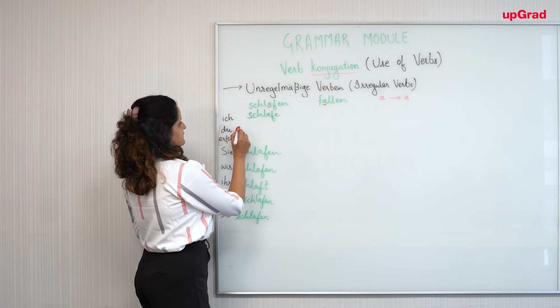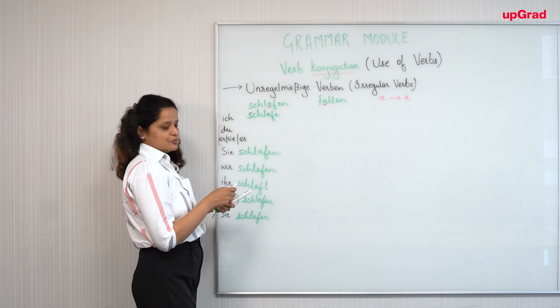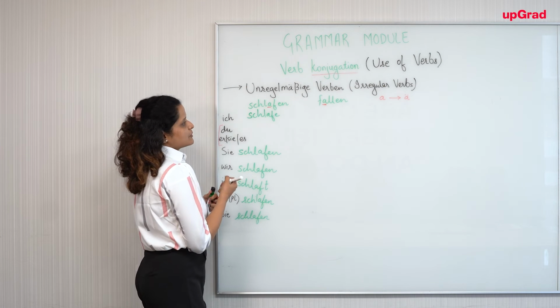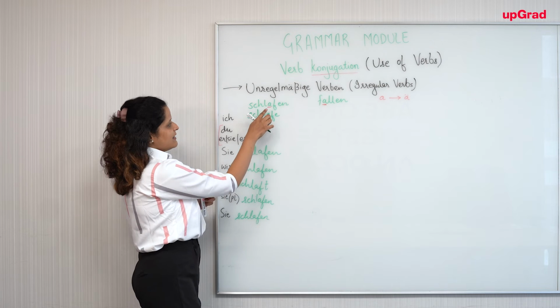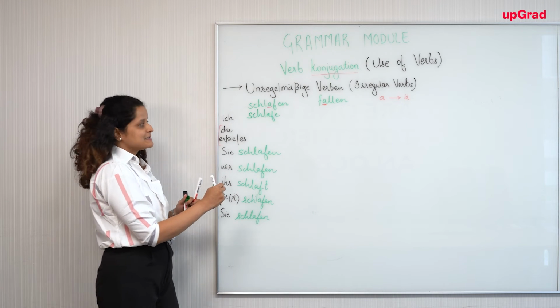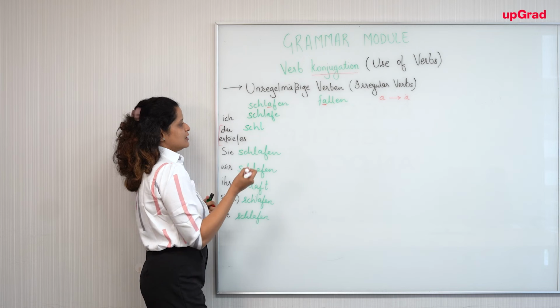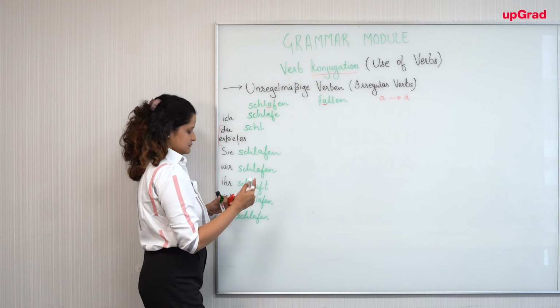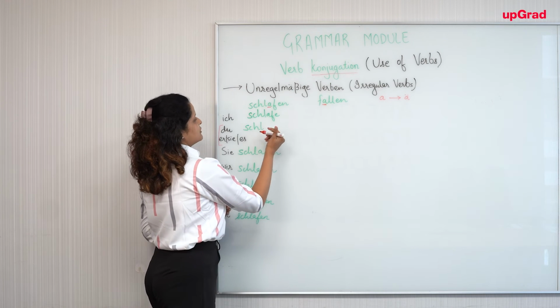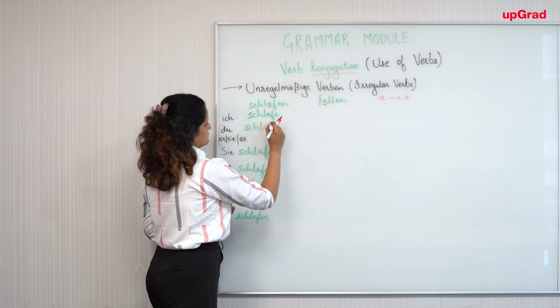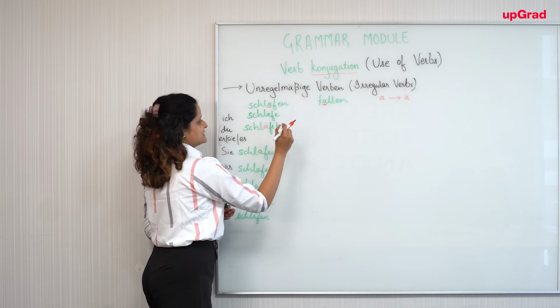Now we come to the conjugation of du and er sie es. So the a here in the verb will be replaced by ä. So the conjugation becomes du schläfst.